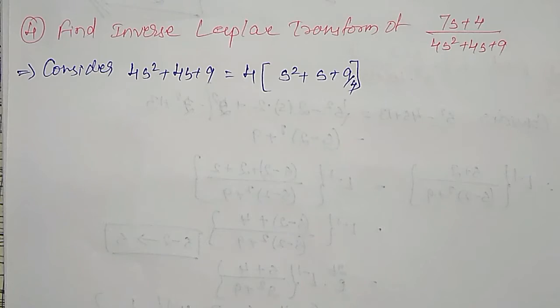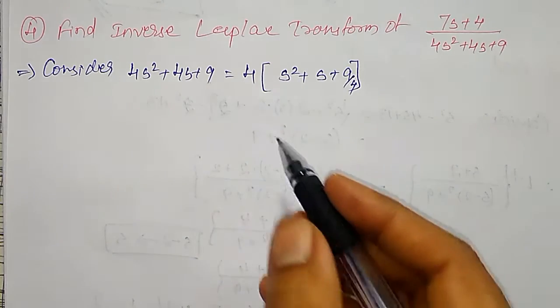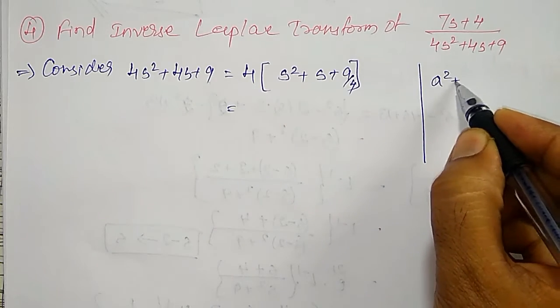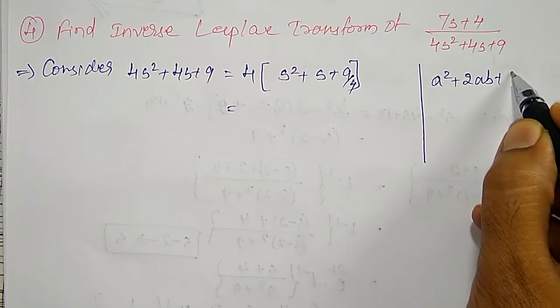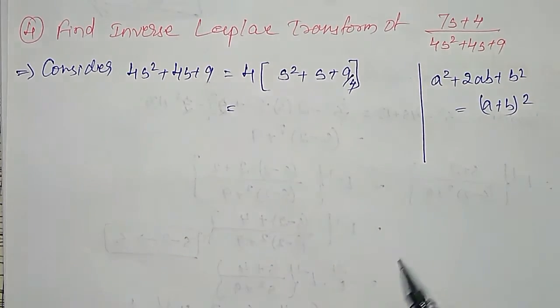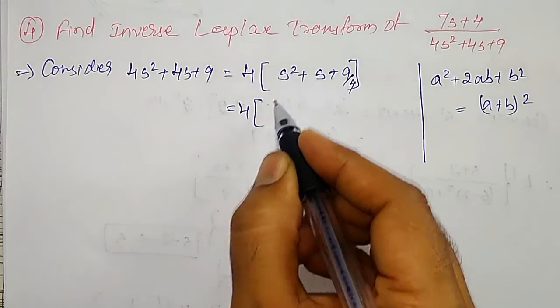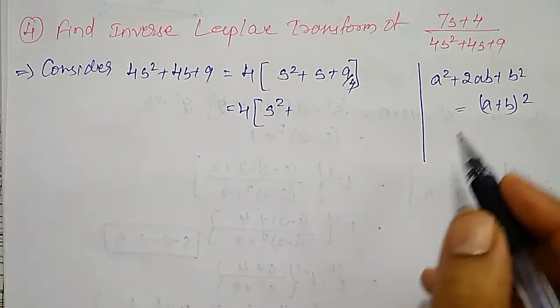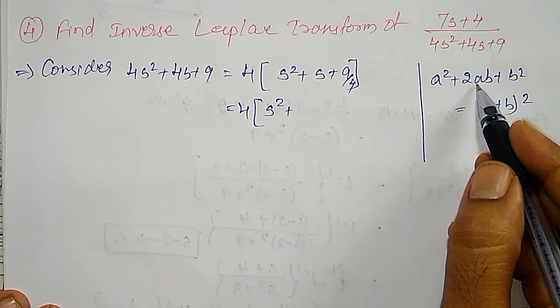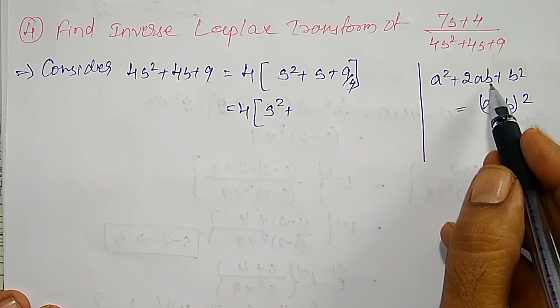Now, to make it a perfect square, that is of the type a square plus 2ab plus b square, I can replace it by a plus b the whole square. Here 4 into s square is there, plus 2 is not there. Only s means a is there, 2 is not there, b is not there.